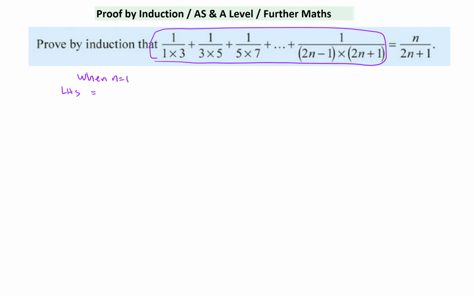The left hand side would obviously be 1 over 1 times 3, and that equals 1 over 3. And the right hand side, n is 1, so 1 over 2 plus 1, is equal to 1 over 3. So left hand side equals right hand side, hence statement holds true.